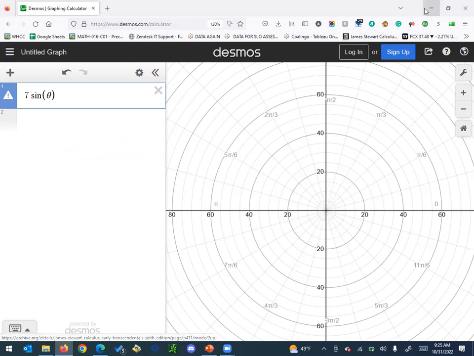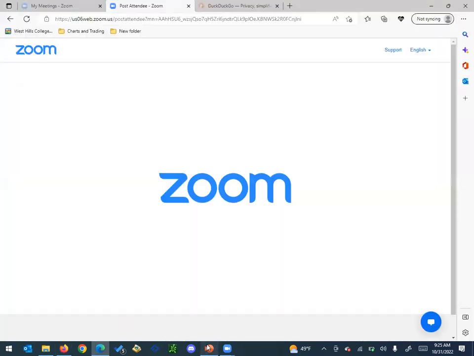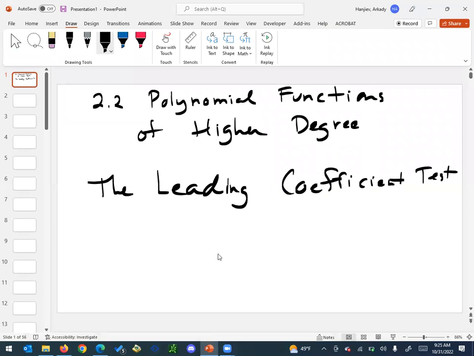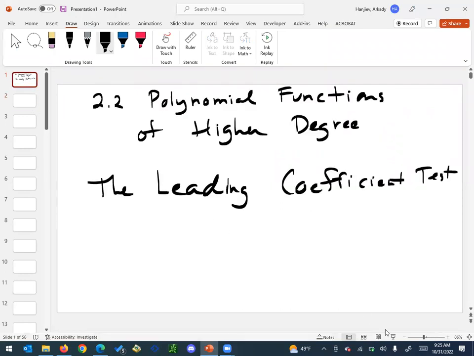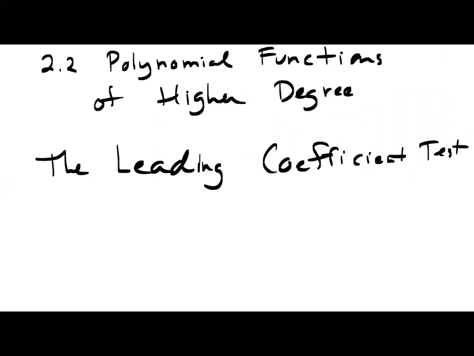So let's go back real quick here. I think Jill said it correctly. If we have x to the even power, whatever happens in the back does not matter. It's just the front, this little beginning part.